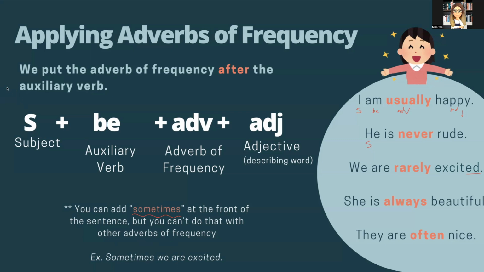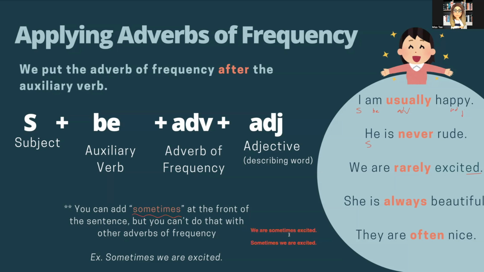If you say, we are excited, you can say sometimes at the beginning. I'll give you the two forms. We are sometimes excited. Sometimes we are excited. So that's fine because the word sometimes is very special for us.